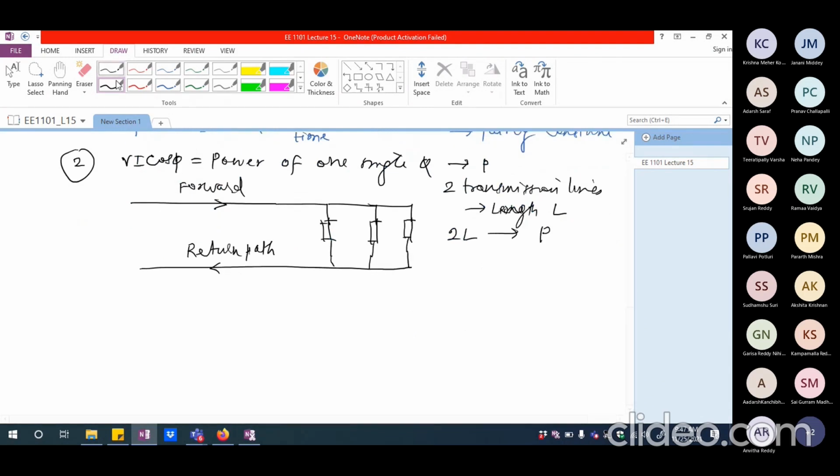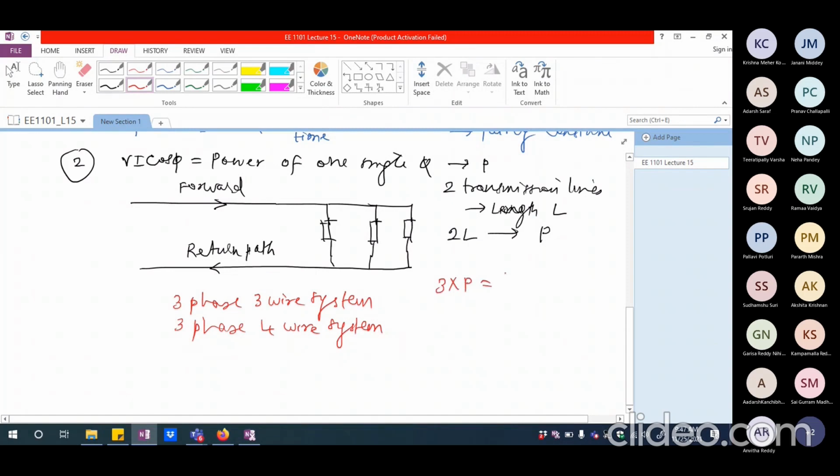On the other hand, if I'm going to have three phase, normally we have a three phase, three wire system or a three phase, four wire system. What I mean is I would be able to transmit again 3 times P, which is three phase power, only with 3 wires or with 4 wires.